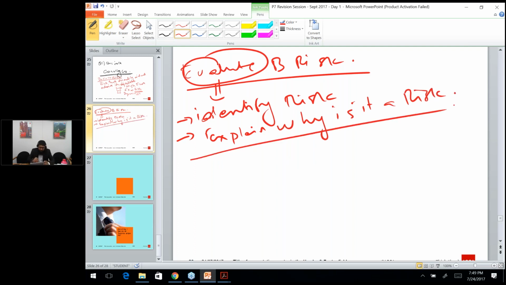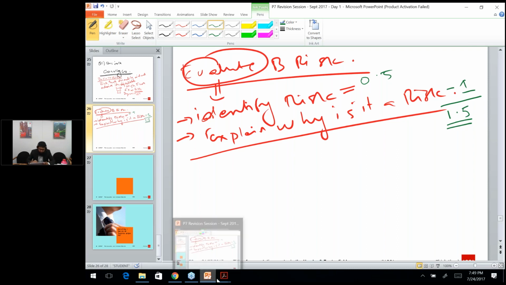The way the examiner marks this is they usually give half a mark for identification of the risk, and one mark for the explanation of why exactly it is a risk. So every single risk will lead to 1.5 marks.